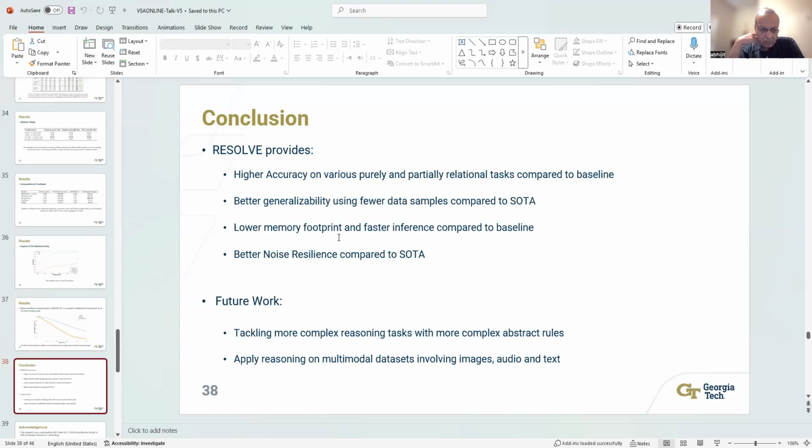So as prospective work, we want to discuss more complex reasoning tasks with more complex abstract rules, and also apply reasoning on multimodal datasets involving images, audio, and text.